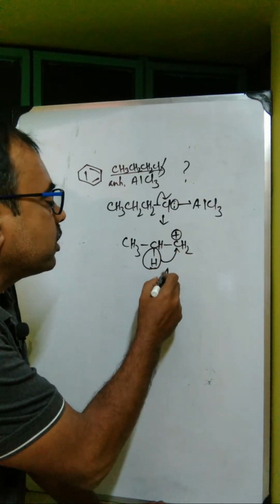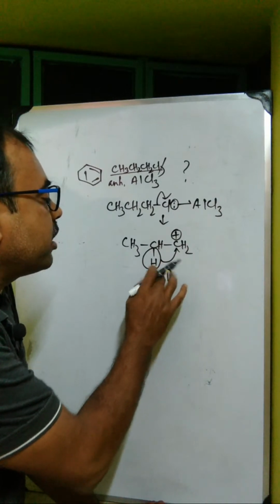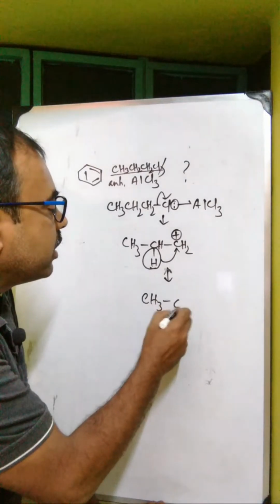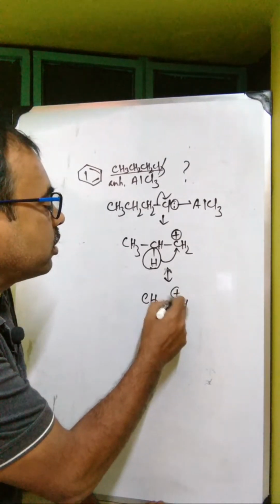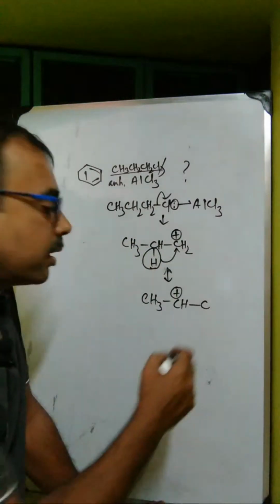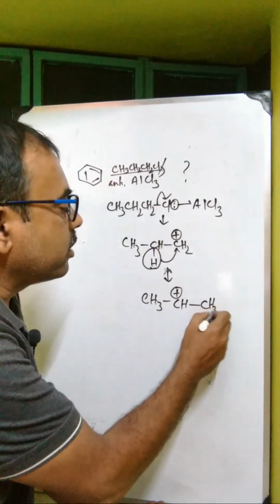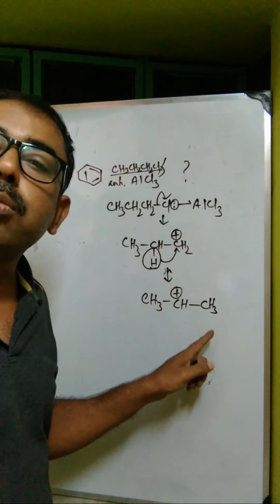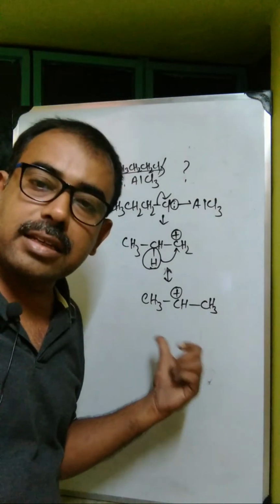Okay, after this rearrangement a carbocation is formed where the middle carbon is carrying a positive charge, and this becomes CH2. By having this hydrogen it becomes CH3. So a carbocation is formed in which two methyl groups are present.